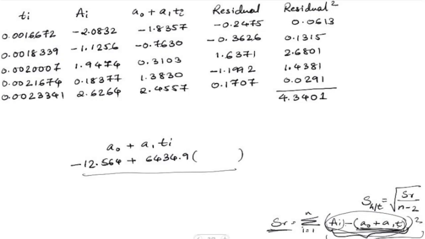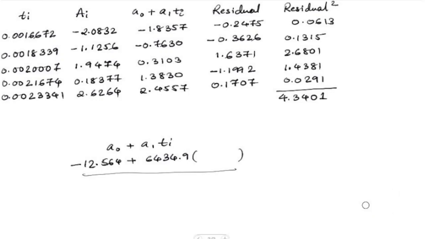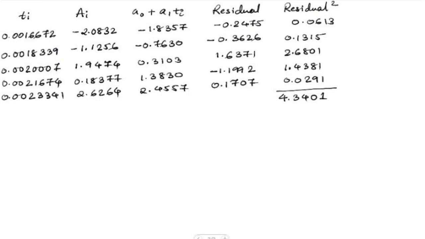Okay, so now we have the S sub r, then we can find out S sub a given t, the standard error estimate. So let's start working on that now. I'll erase this work here. So now we have here, let me write so that you can see them later.